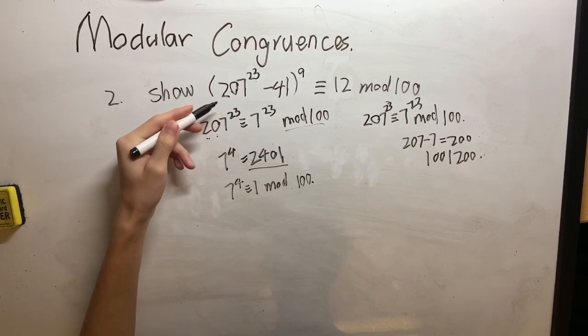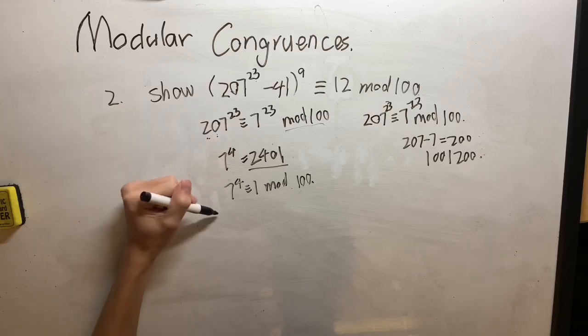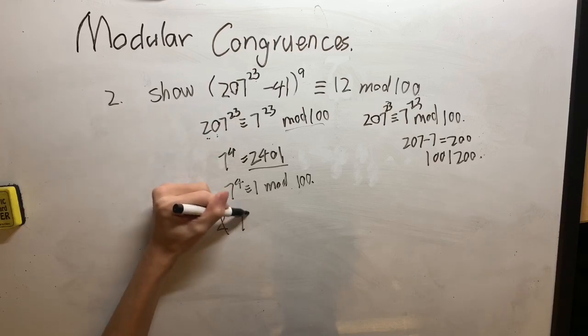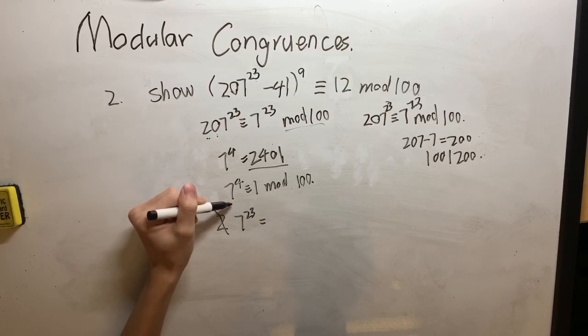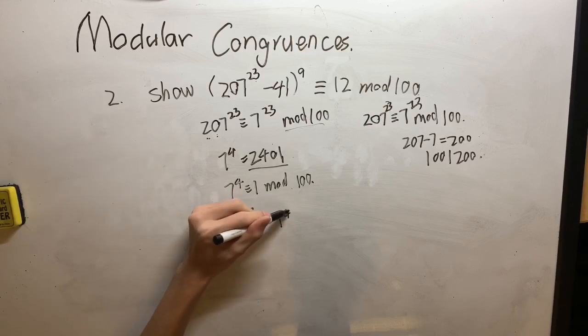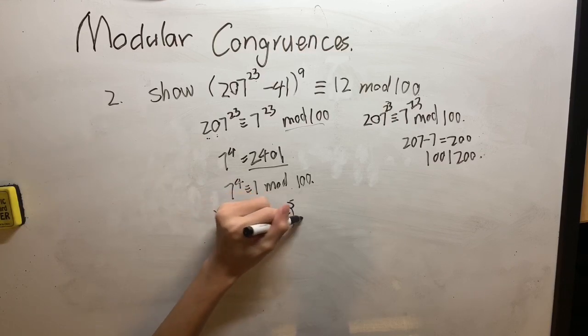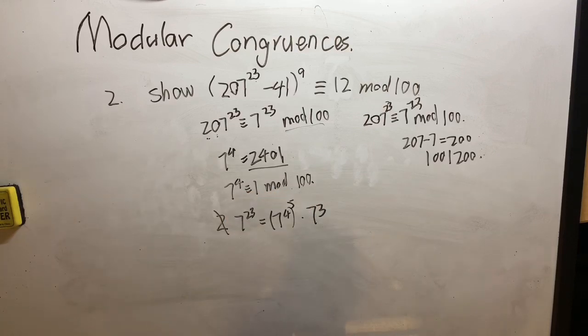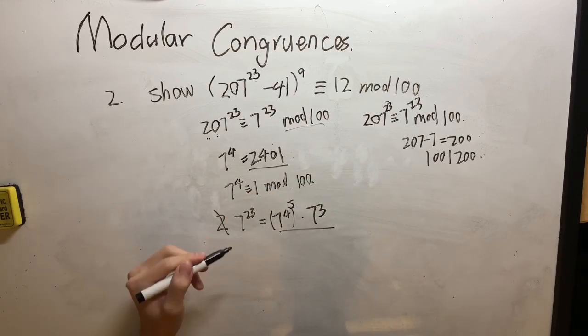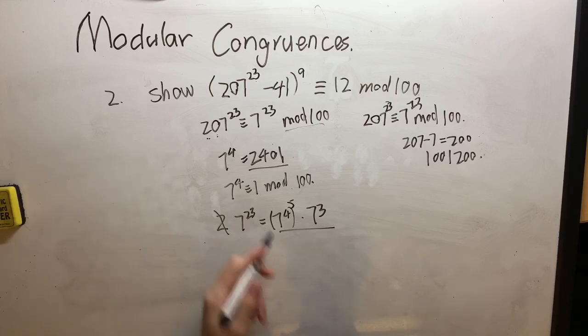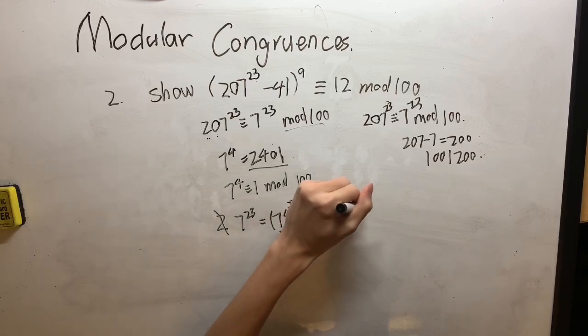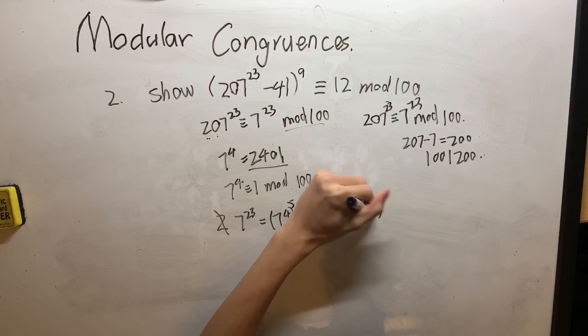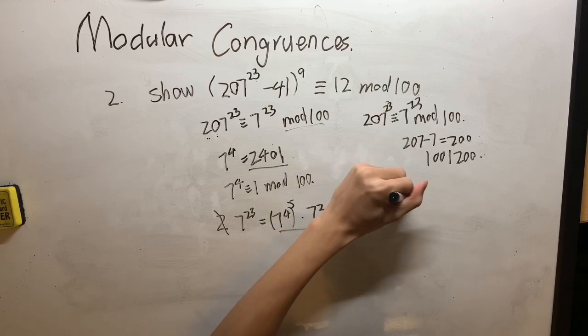Now we can change 7 to the 23 as 7 to the 4th to the 5th times 7 cubed. And for this number, which is 7 to the 23, we have 7 to the 4th to the 5th times 7 cubed.